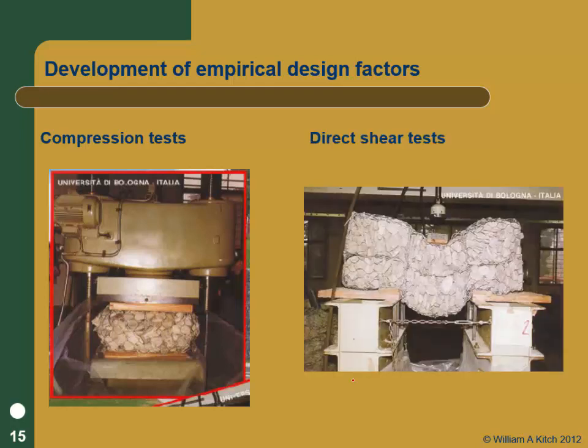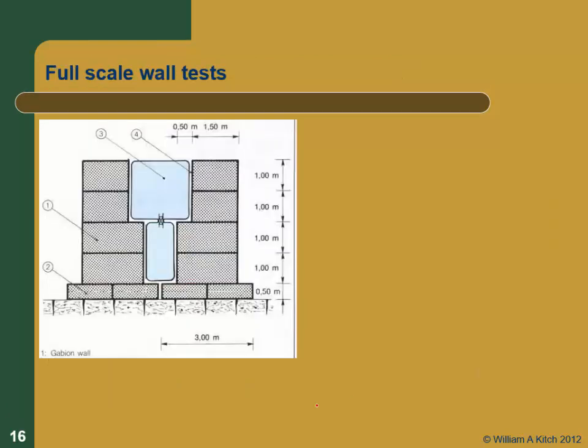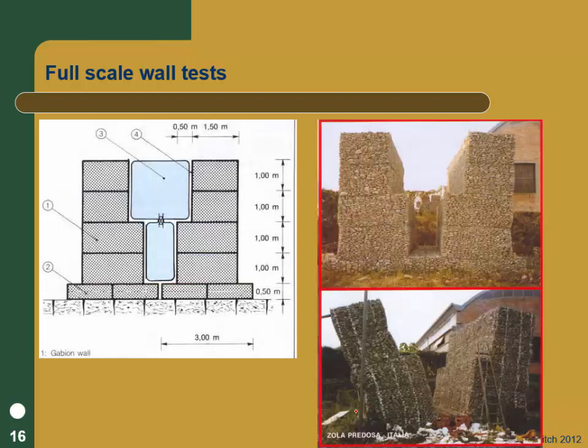They did direct shear tests where they put gabions together with the interface in a vertical orientation, and then sheared them. They did full-scale wall tests. They built two gabion walls back to back, and then put water bladders between them and filled them full of water. So here's a picture of that test. There's quite a bit of empirical design stuff here.